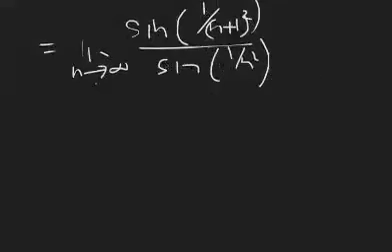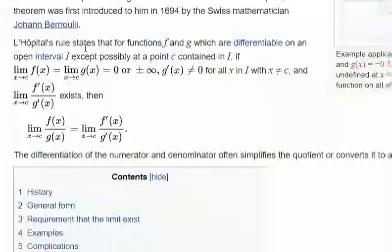So definitely you have to use L'Hopital's rule here. If your denominator and numerator go to 0, the limit of that rational function is equal to the limit of the ratio of the derivatives.